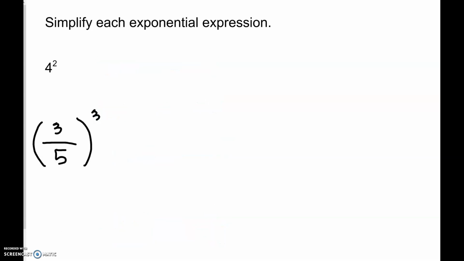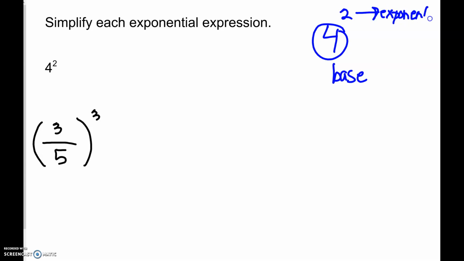All right, the next concept is they're just going to write this in exponential form, which means we're going to have a base and an exponent. So in this first example, when they have 4 to the second power, the 4 is the base, and the 2 is the exponent. So what this means is the base is what repeats.